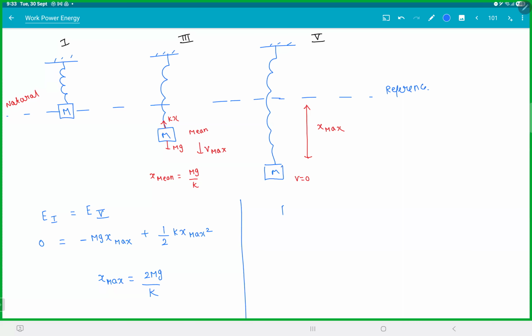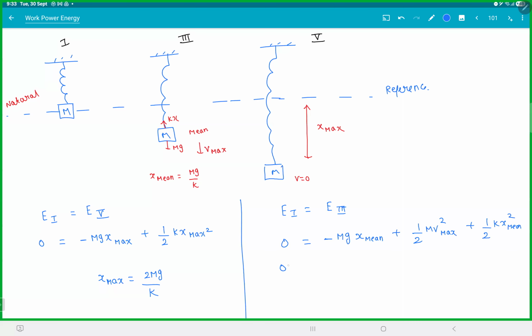And for maximum velocity, conserve energy between state 1 and state 3. Initial spring potential energy, 0. Initial kinetic energy, 0. Initial gravitational energy, 0. State 3: gravitational potential energy minus mg x mean, kinetic energy half mv square, spring energy half k x mean square.